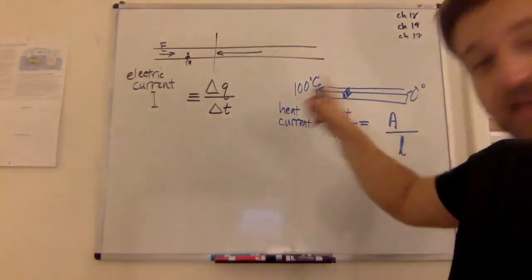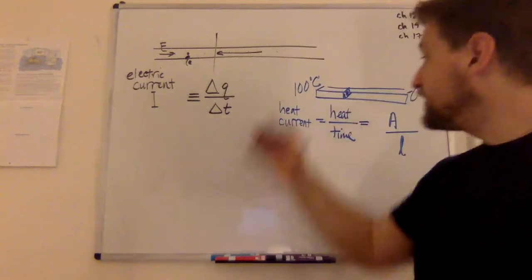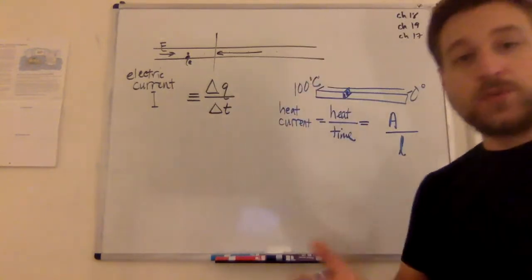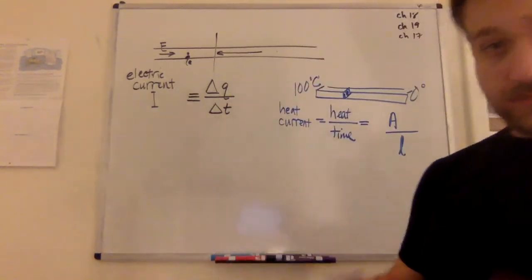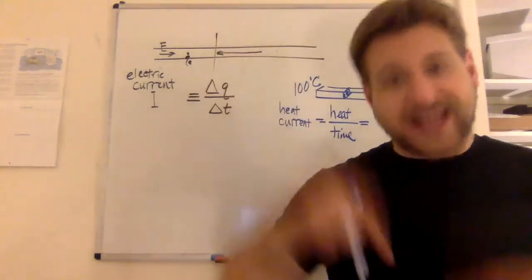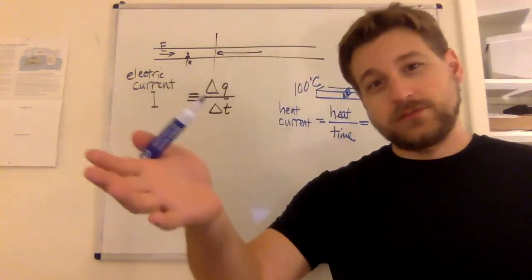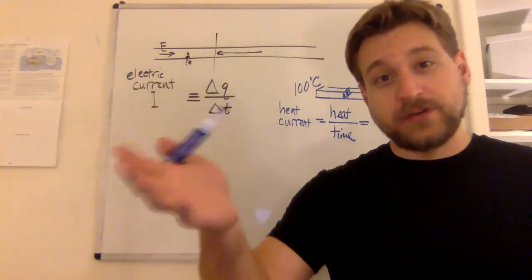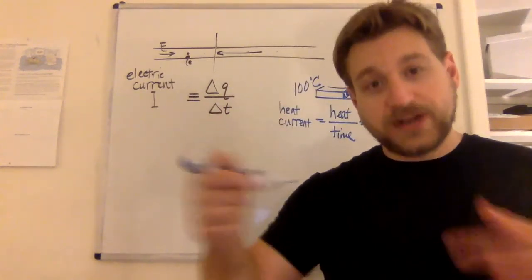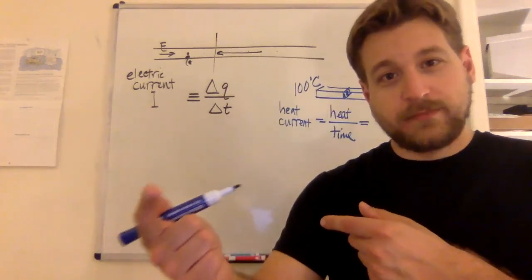If we make this 1,000 degrees Celsius, the difference between 1,000 and 0 is so much more than the difference between 100 and 0. The bigger the difference, the faster it's going to flow. Go back to the fluid flowing in the pipe. The more pressure we exert on one end, the faster the fluid's going to go.